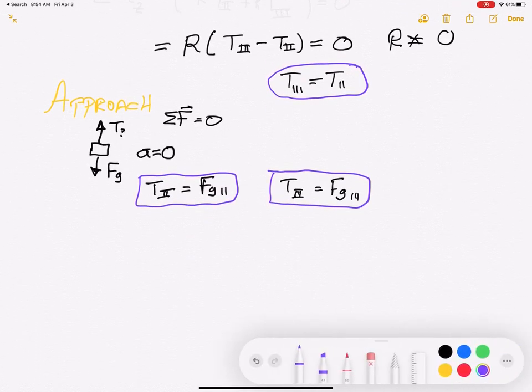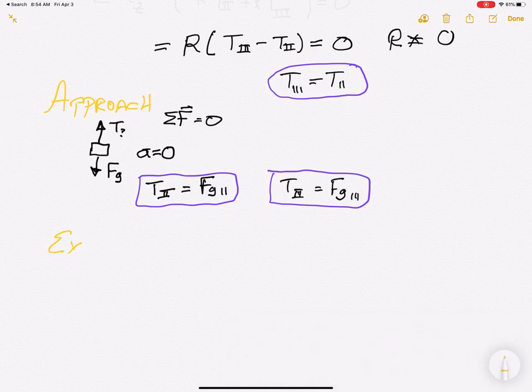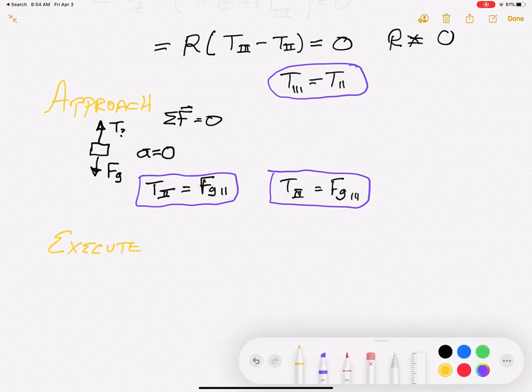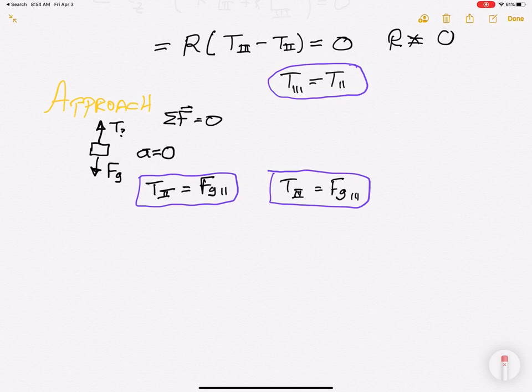So in our execute, I'm sorry, that's called evaluation. Used to be called execute a long time ago, but now it's our evaluation.